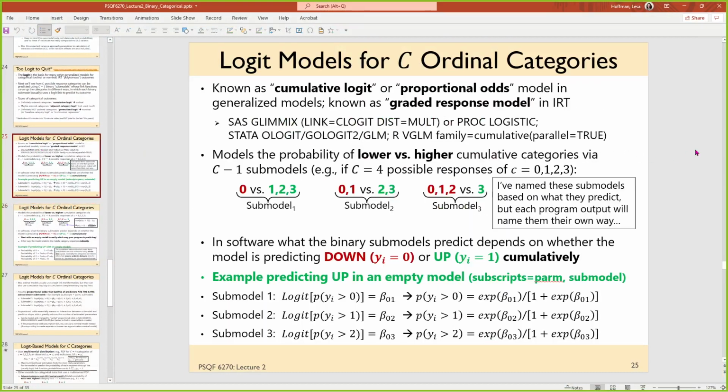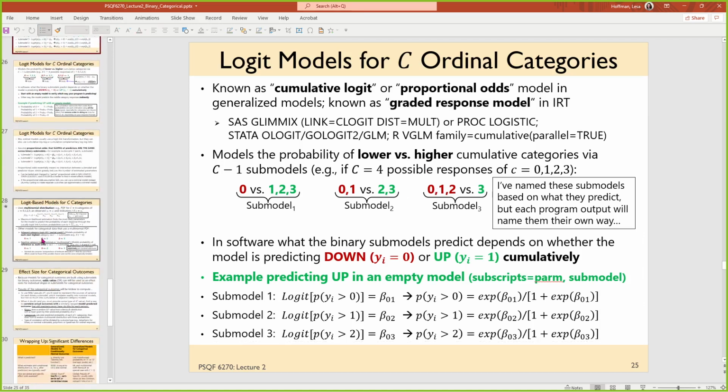The one that we're doing right now, proportional odds, is graded response models. And to the best of my knowledge, there is no non-proportional odds version, although there could be. Like you could make it yourself using NLMIXED or some other way of estimating it. But the graded response model says the slope for item discrimination is the same across submodels, in the same way that these models have the same slope across submodels.